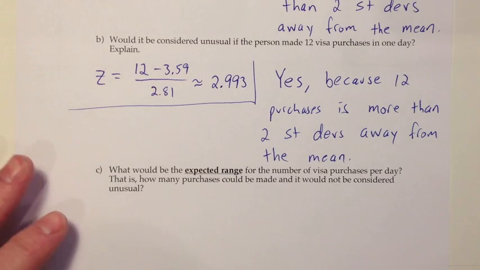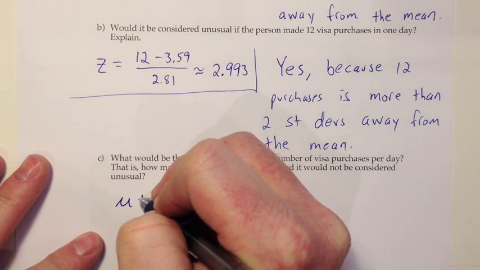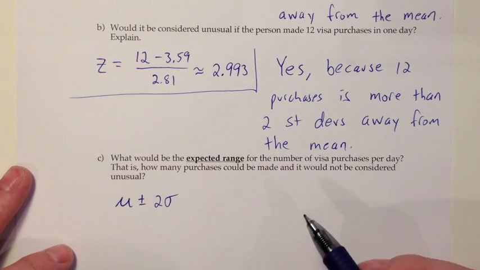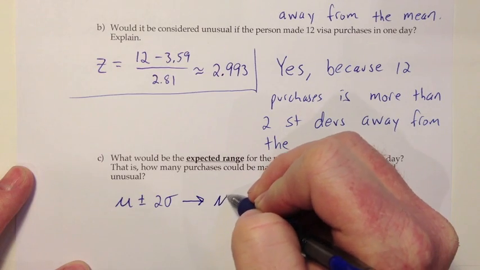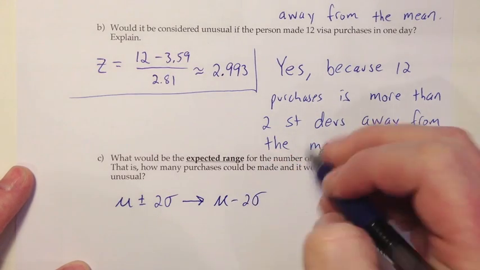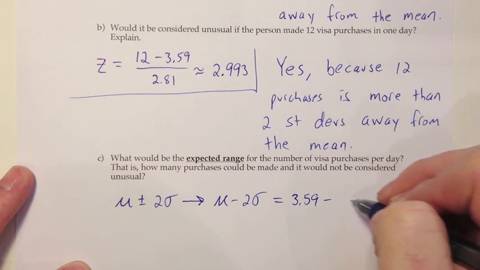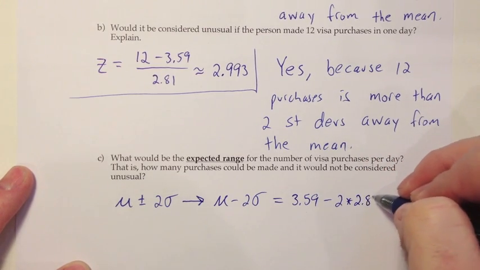So we know the cutoff is 2, so what we'd want to do is something like mu plus or minus 2 sigma, to calculate the numbers that are 2 standard deviations away from the mean. And I'll do both of those. If I do mu minus 2 sigma, that would be the mean of 3.59 minus 2 times the standard deviation of 2.81.